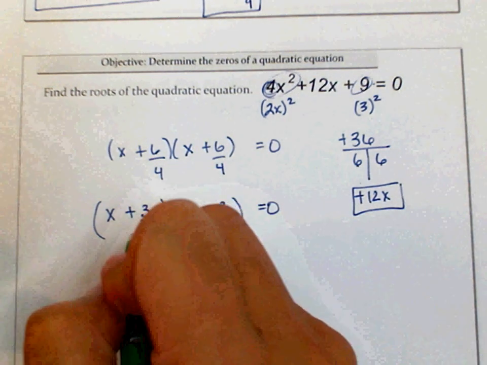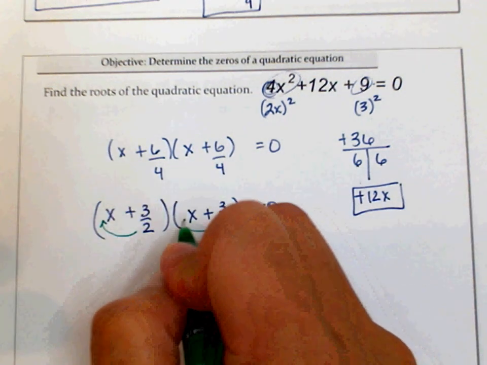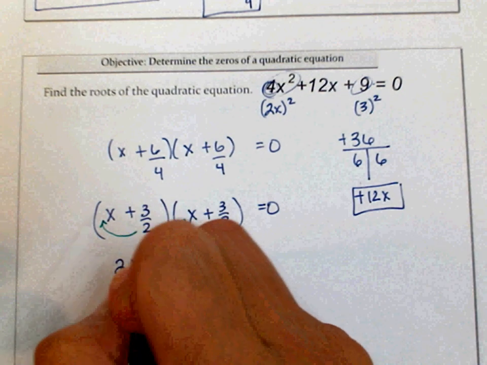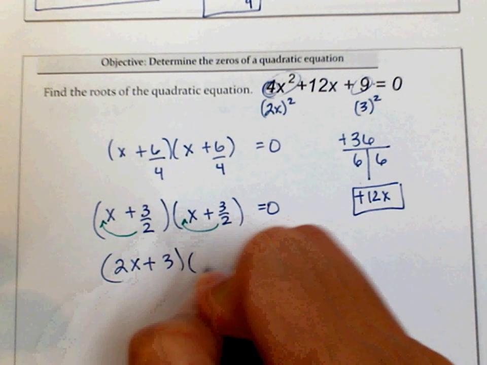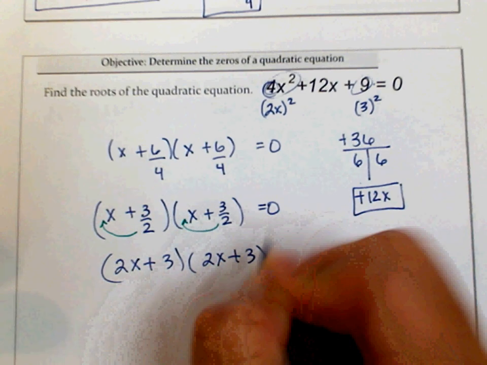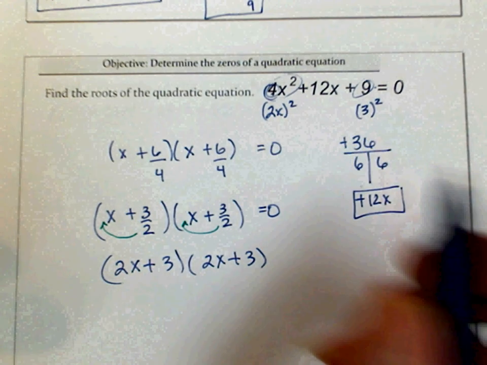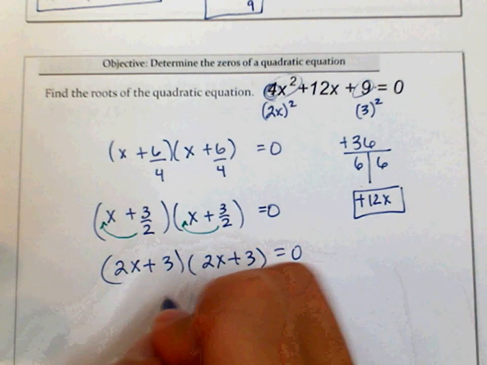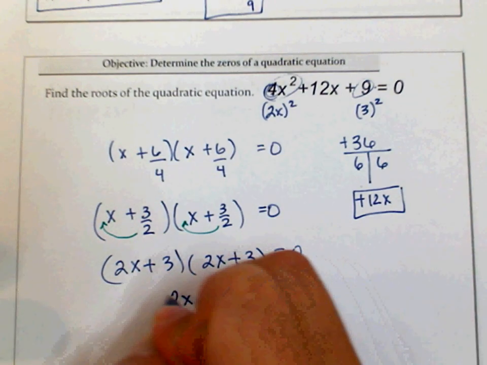It's always going to look the same. So 2x plus 3 times 2x plus 3. Hey, look at what that looks like. Equal to 0. All right. Since they're the same, I can go 2x plus 3. Since there's two of them, I can write it as a square.